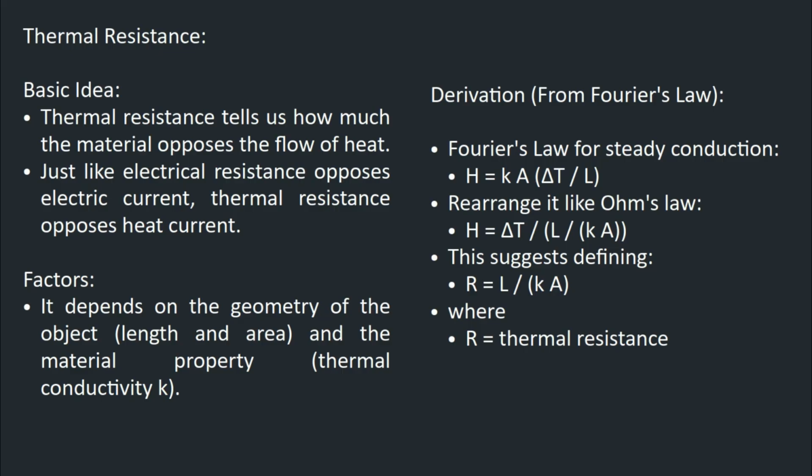So mathematically, there's a small derivation. I'll show it to you guys. So we know that current is given by voltage times A by L times K. Right? This we have derived. Now, if I happen to compare this with I is equal to V by R, right?